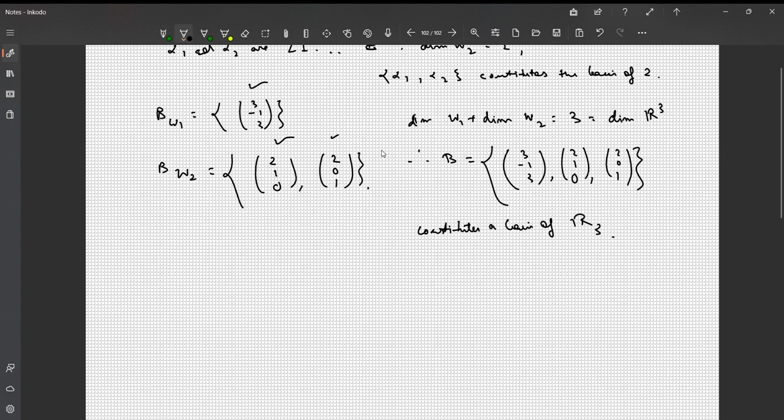Okay, that's pretty obvious. Now observe that if you consider P to be this matrix, we just put each of these basis elements along the columns. So we have 3, −1, 3, 2, 1, 0 and 2, 0, 1.